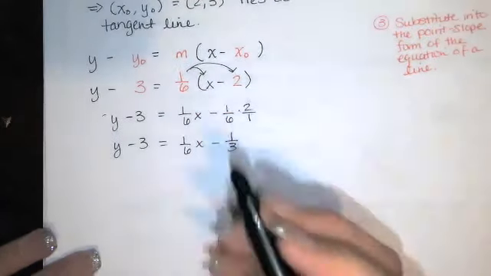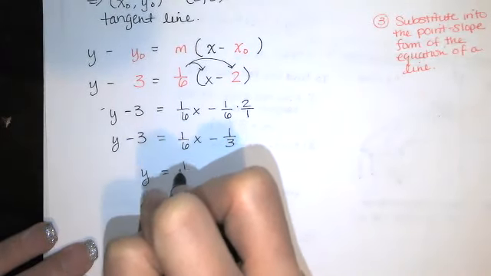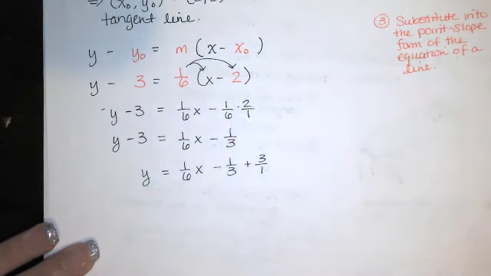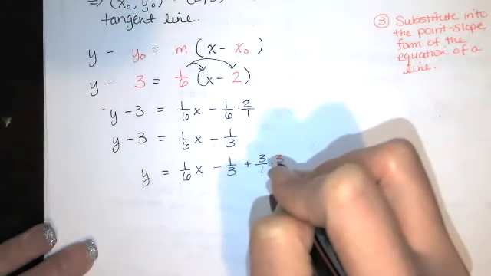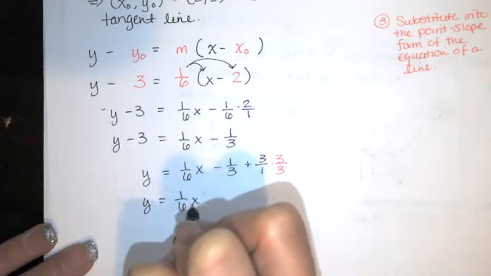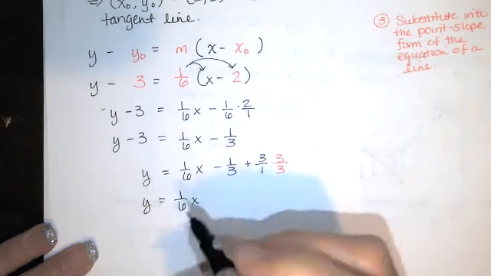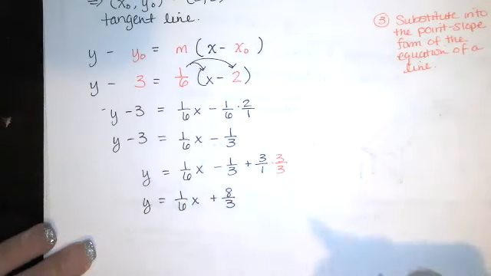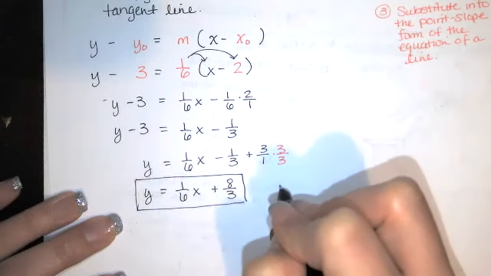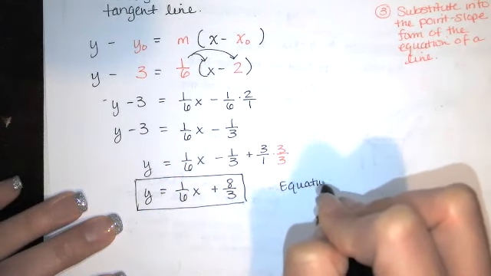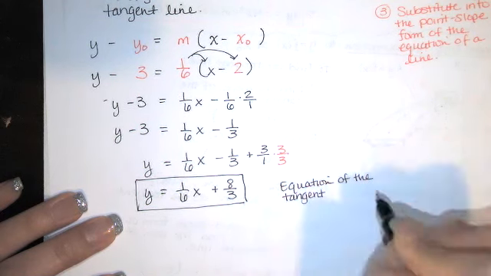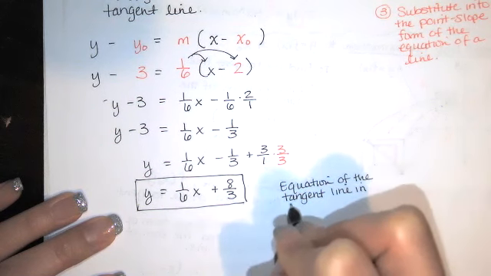And then we'll add 3 to both sides. And I need a common denominator, so I'll multiply by 3 over 3. So I've got 9 over 3 minus 1 over 3, that's 8 over 3. So that's my tangent line in slope-intercept form.